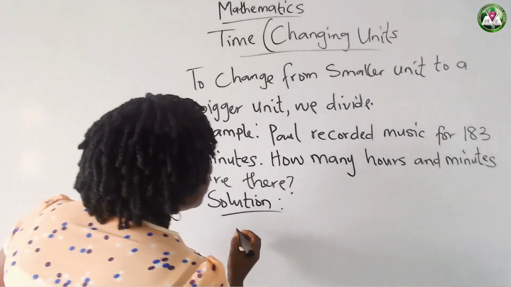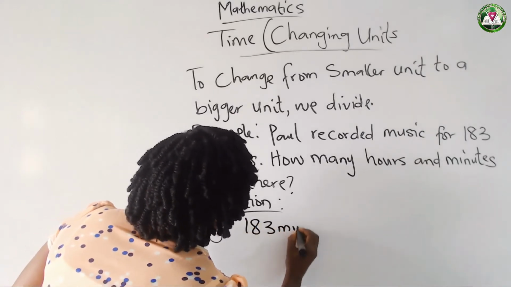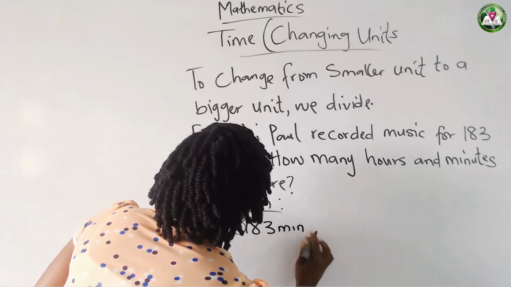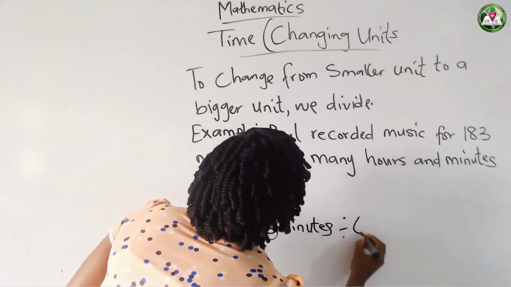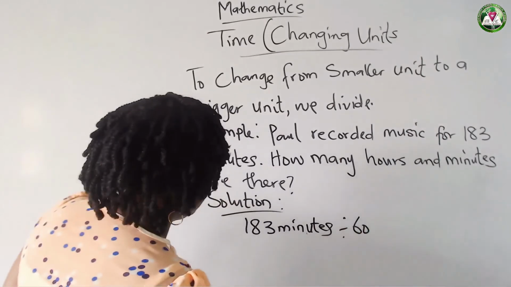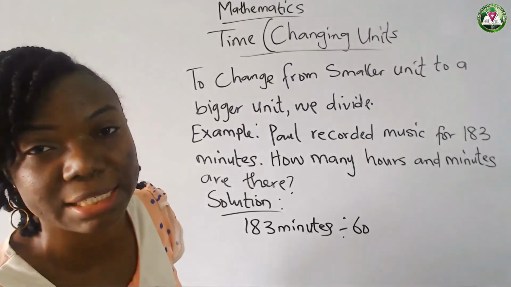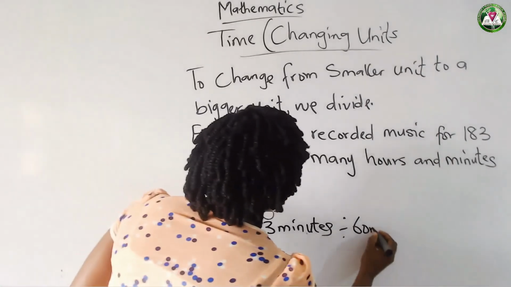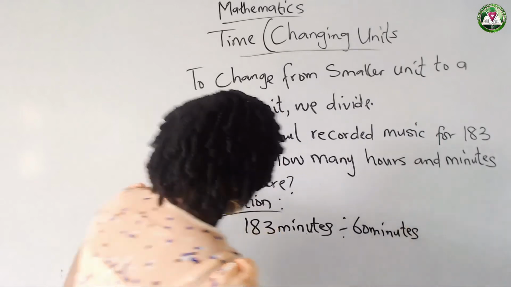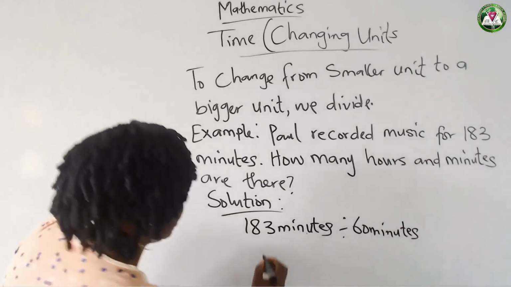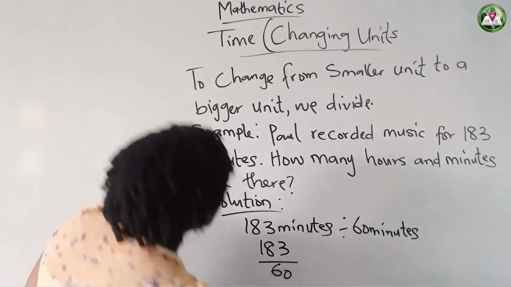This means 183 divided by 60 minutes. It is the same thing as 183 all over 60.